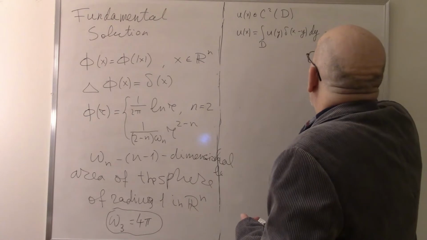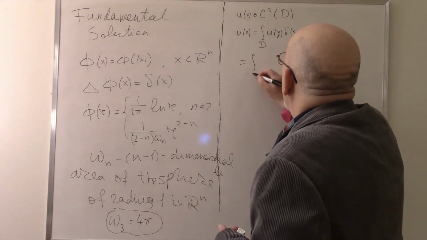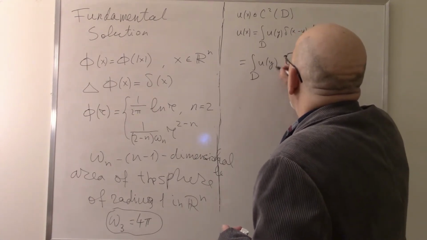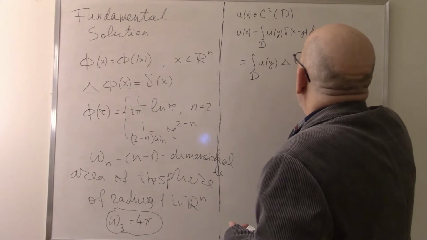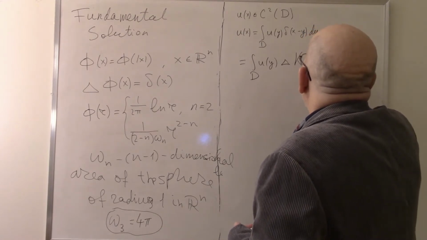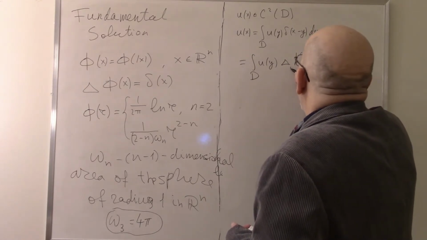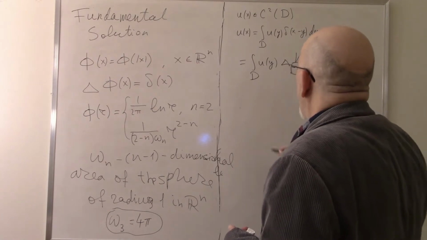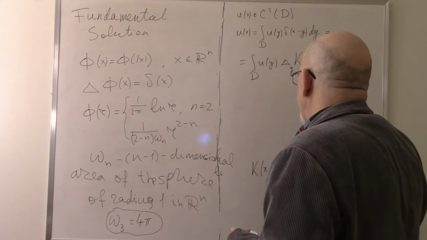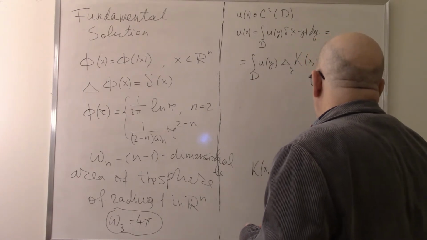So it is equal to the integral over D of u of y times the Laplacian of the function k of xy dy. What is k? The Laplacian is with respect to y. K of xy equals phi of the modulus of x minus y.